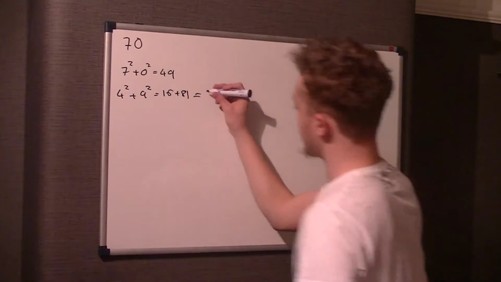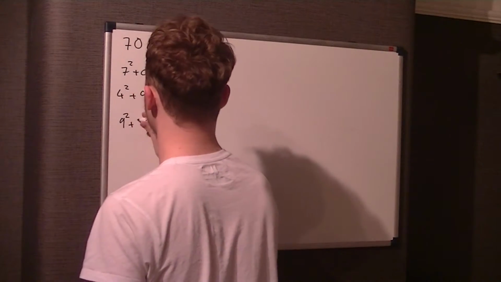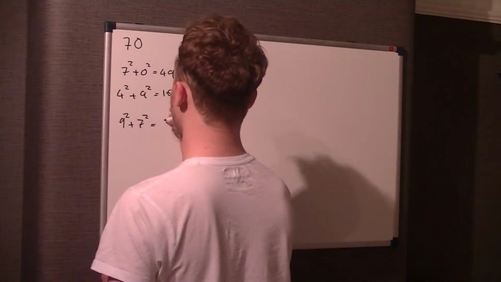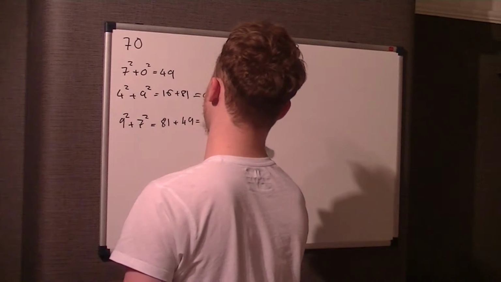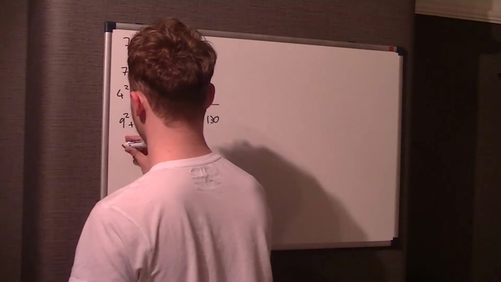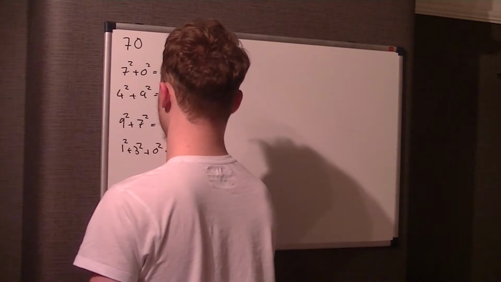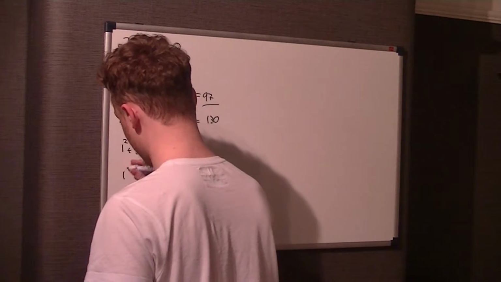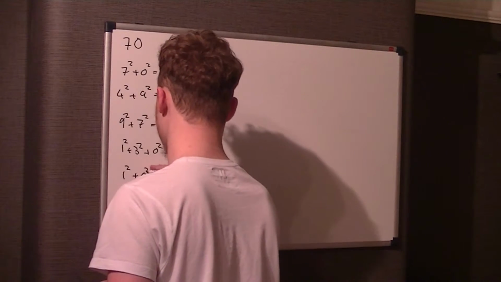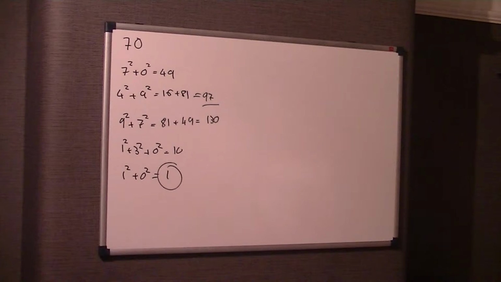Then you do the same with 97: 9 squared plus 7 squared, which is 81 plus 49, which is 130. Do the same with 130: 1 squared plus 3 squared plus 0 squared, which is 1 plus 9 plus 0, which is 10. Then 1 squared plus 0 squared is 1, so we end up with 1. 70 is a happy number.